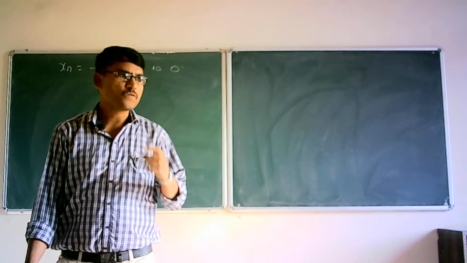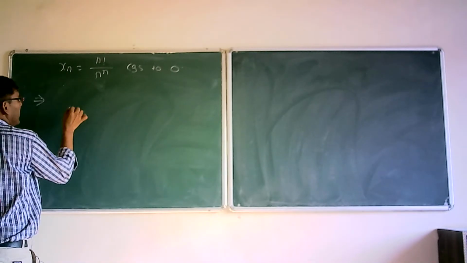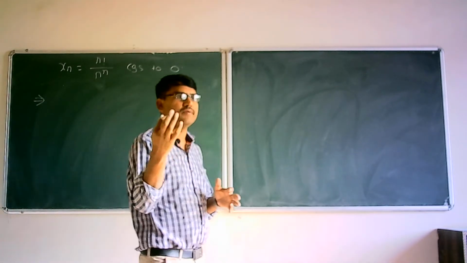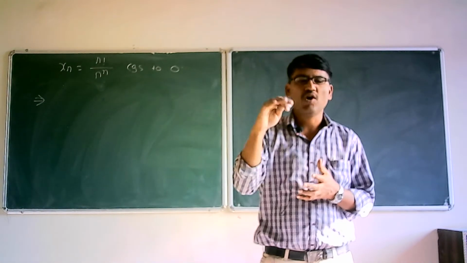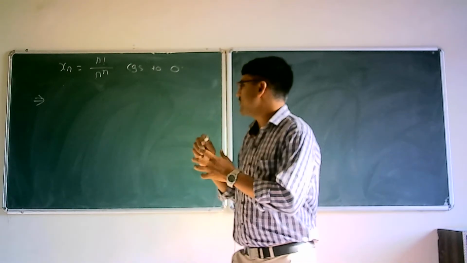So again, we apply the D'Alembert ratio test. The D'Alembert ratio test is applicable if your sequence contains a factorial term or a raised-to-n term.